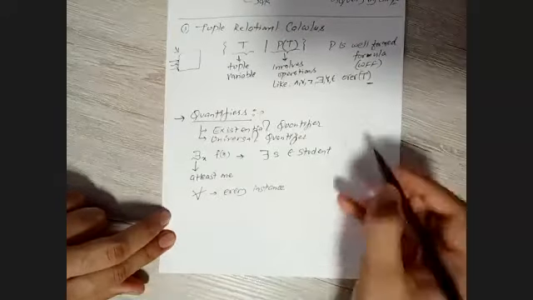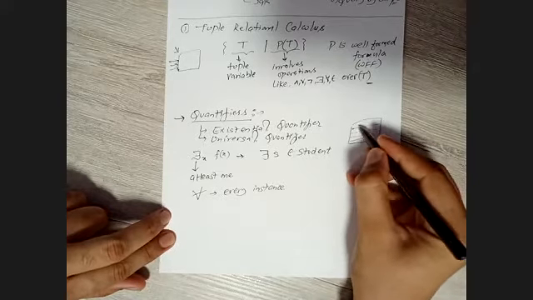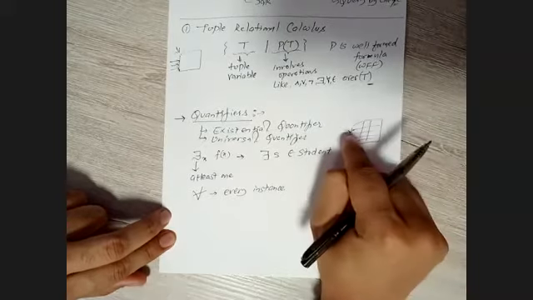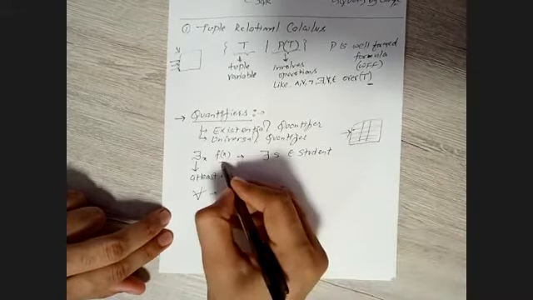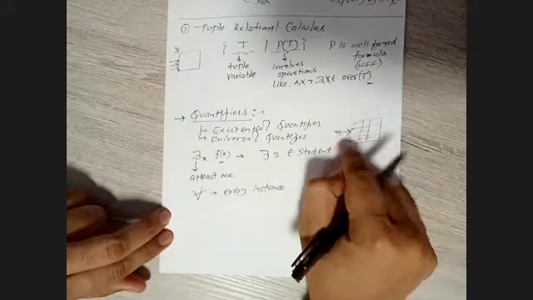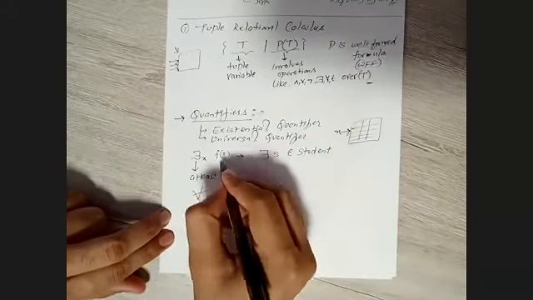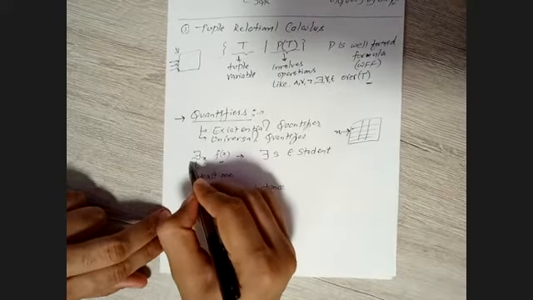So in the table, say this is my database table where I have certain tuples, and I apply this formula over some tuple x. X gives an instance of my relational table. So f(x) should be true for at least one value of x. This is what the existential quantifier says.